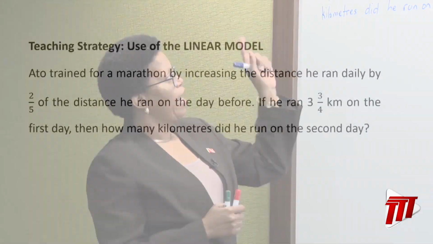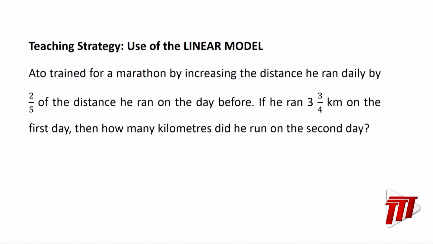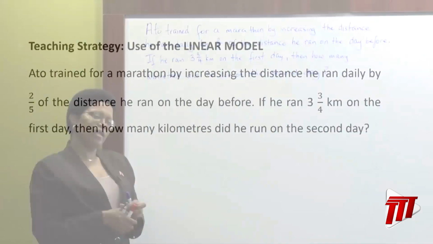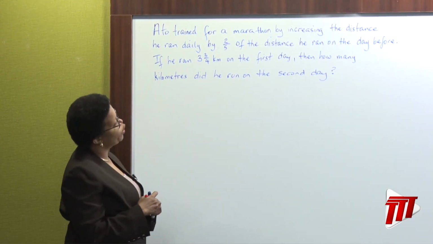Boys and girls, here we have again our problem with Atto. Atto trained for a marathon by increasing the distance he ran daily by 2/5 of the distance he ran on the day before. If he ran 3.75 kilometers on the first day, then how many kilometers did he run on the second day? So let's look at our problem. What do we know?